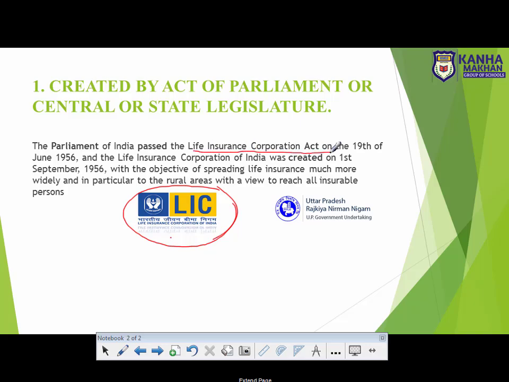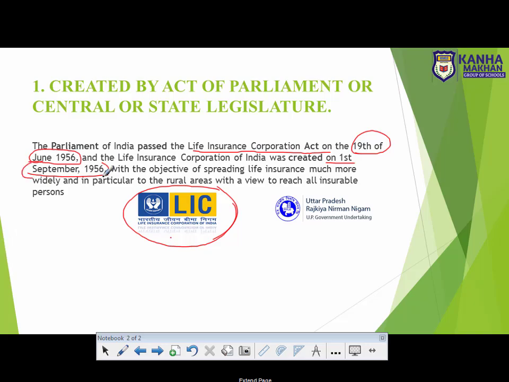In the parliament of India, the Life Insurance Corporation Act was passed on 19th of June 1956, and the Life Insurance Corporation of India was created on 1st September 1956. So the act was passed earlier, on 19th June, and the corporation came into existence on 1st September.